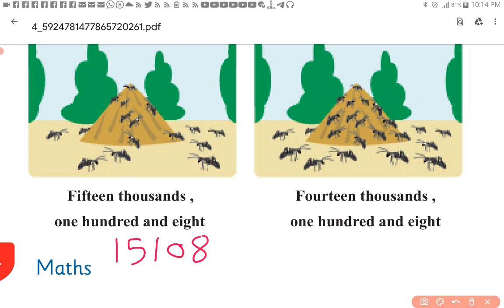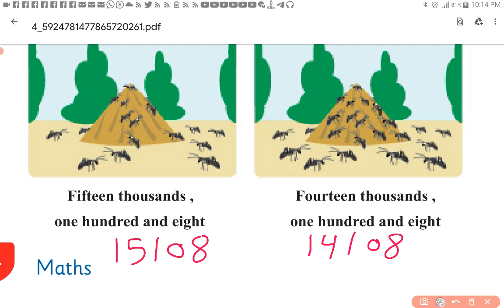This is the first one. The next one 14,108. The two numbers contain 5 digits. العددين فيهم 5 digits. Then start to compare from left.